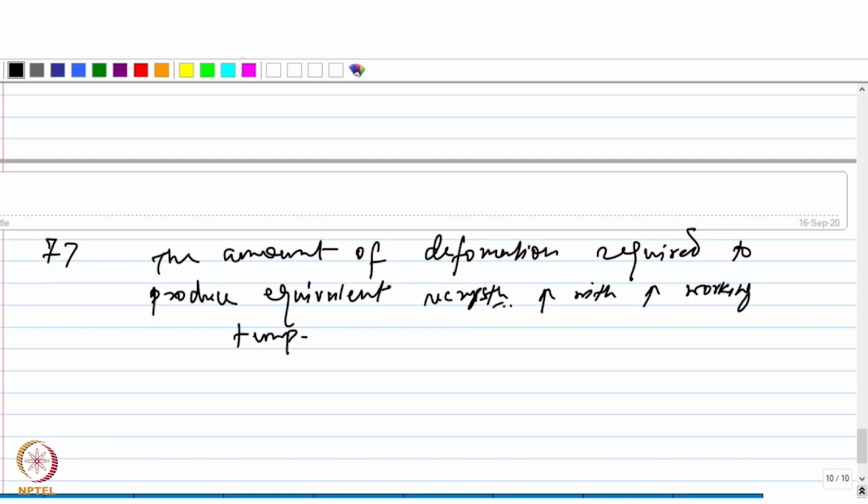So in proper terms, you can say that the amount of deformation required to produce equivalent recrystallization increases with increasing working temperature, right? So these are some of the rules that govern the recrystallization process.